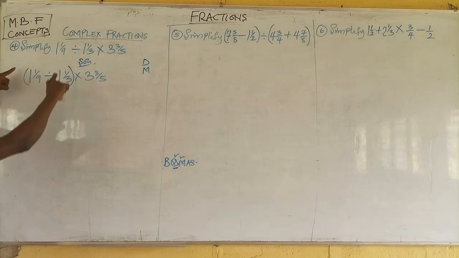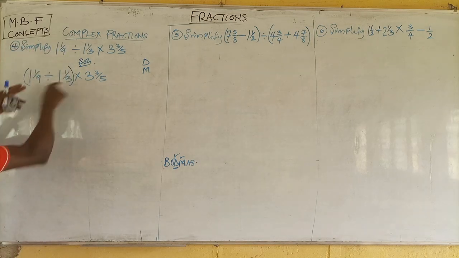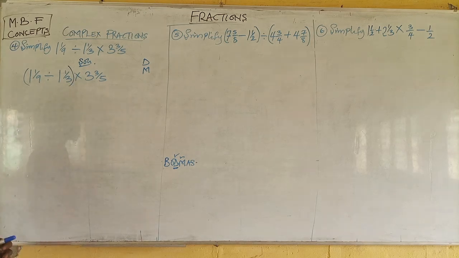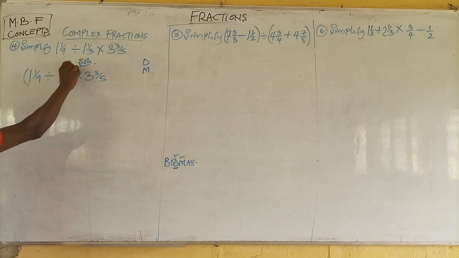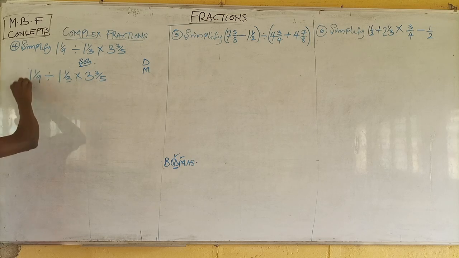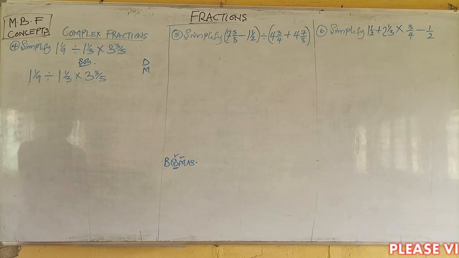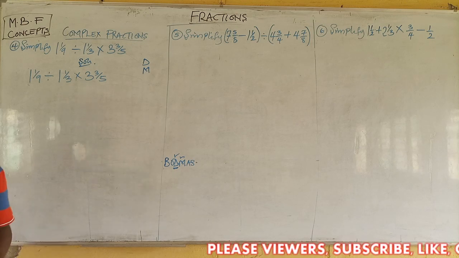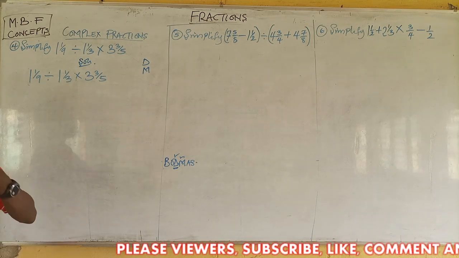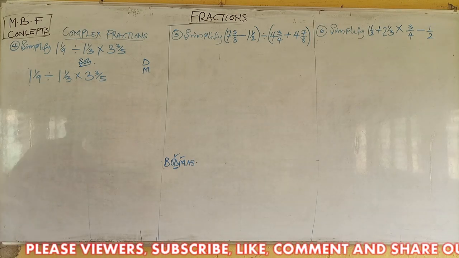So first we are going to resolve this and this before we put in the multiplication sign. And it is very easy to solve division of fractions, because we will automatically change it to the multiplication sign.